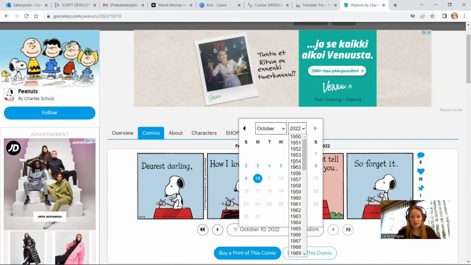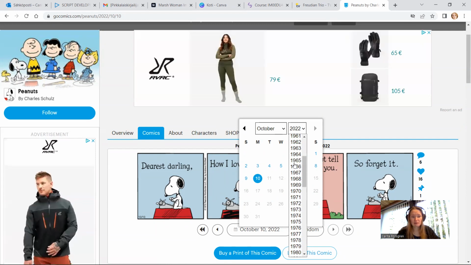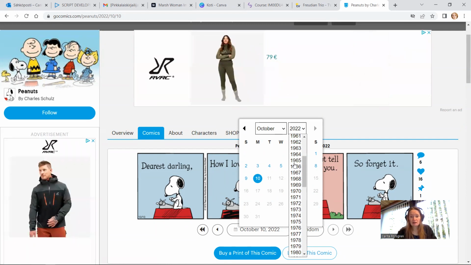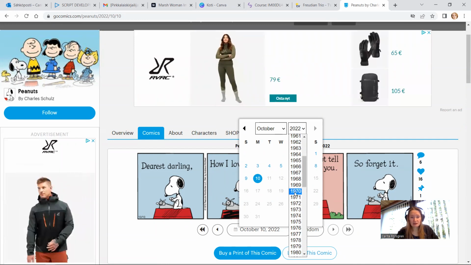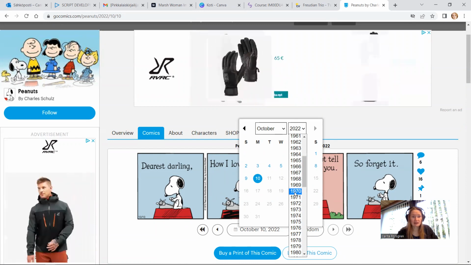Way back to 1970. So this comic strip ran for, how long was it? 40 years or maybe more. And it changed. The characters also got a little bit older, maybe one year per decade.